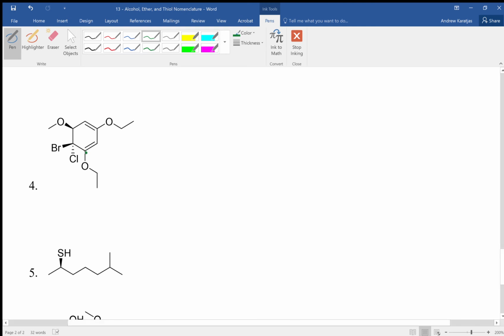Number 4, our numbering starts here because it's going to be determined by the alkenes. And going there not only gives us the lowest numbers for the alkenes, but also gives us a low number for one of the substituents.